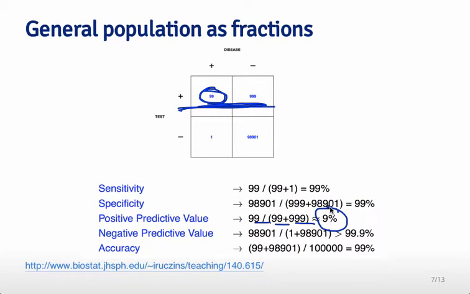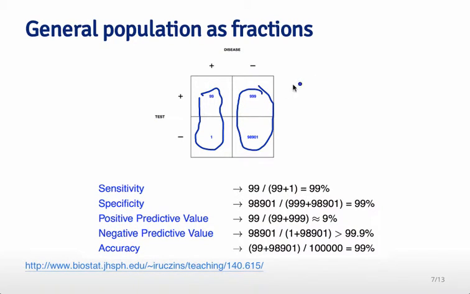So it's only about a 9% positive predictive value. In other words, if you got a positive test, there's only about a 9% chance that you actually have the disease. The reason is that 99% of a small number, 99 out of 100, is still smaller than 1% of a much bigger number, 999 out of a much larger group of people that are actually healthy.